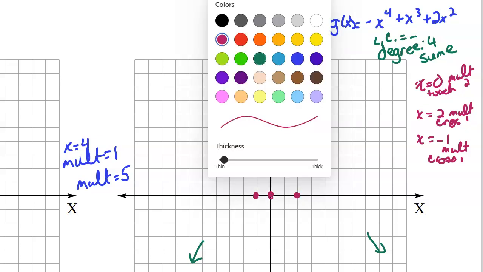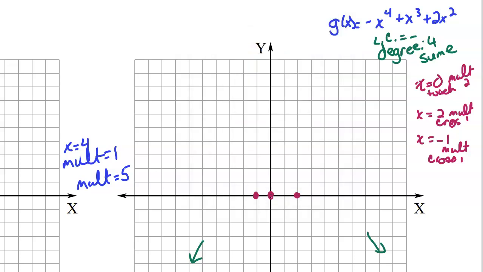We start out here, and we go to negative 1. At negative 1, it says we cross. Okay, so we're going to cross. Then we go to 0. At 0, we touch, so that means we stay on the same side. Then we go to 2, and it says we cross, and we're ending up down here, which is what our end behaviors said. We would end up down and down.